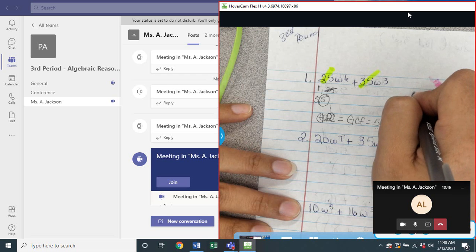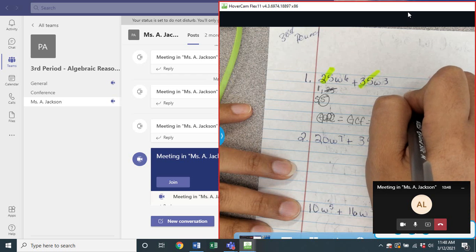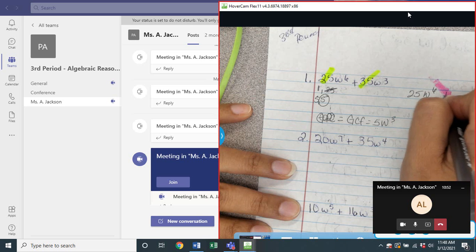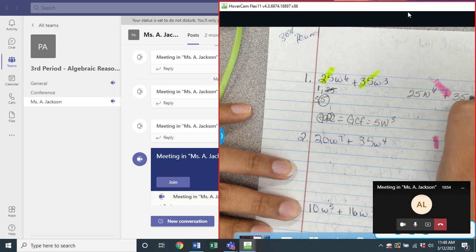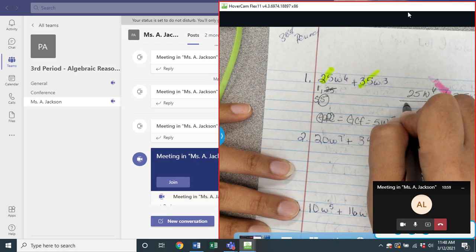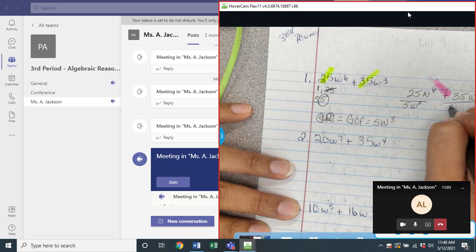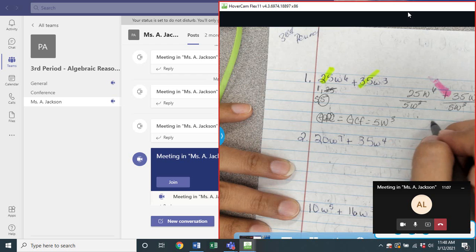What are we going to do next? Okay, hold on, you're going fast, which is good, but my hand is not moving quick. So you say by 3, right? And then 5W to the power of 3. Okay, so what is my next step?